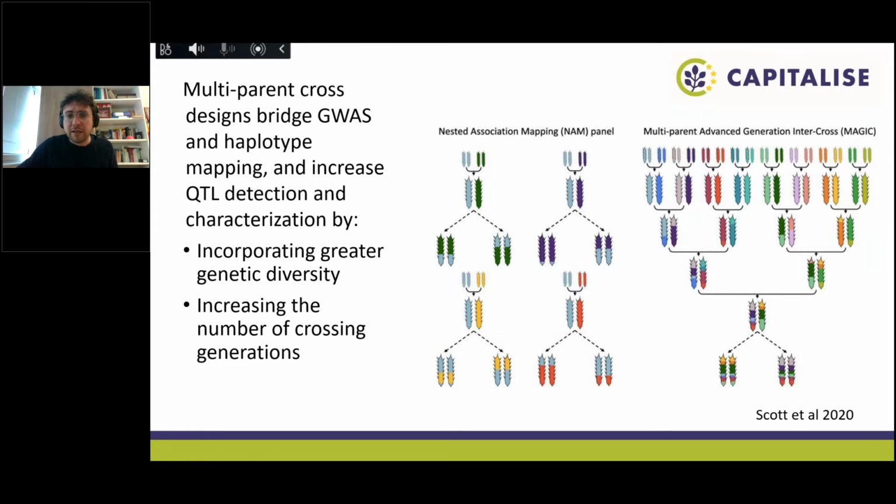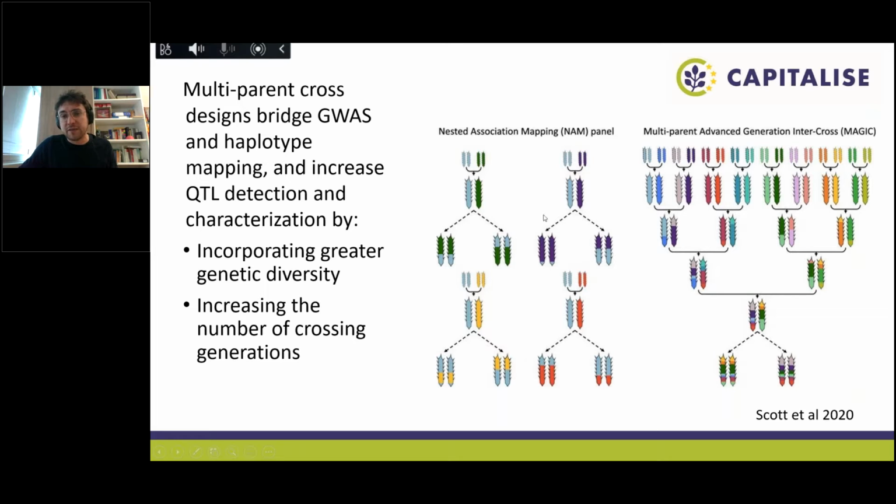There is actually a third broad collection of different types of genetic materials which we are also using in CAPITALISE, which are called multi-parental populations. The idea here is that you try to bridge the pros of diversity panels, so increased diversity and increased recombination, and the good parts of haplotype-based mapping populations, so the reconstruction of parental haplotypes.